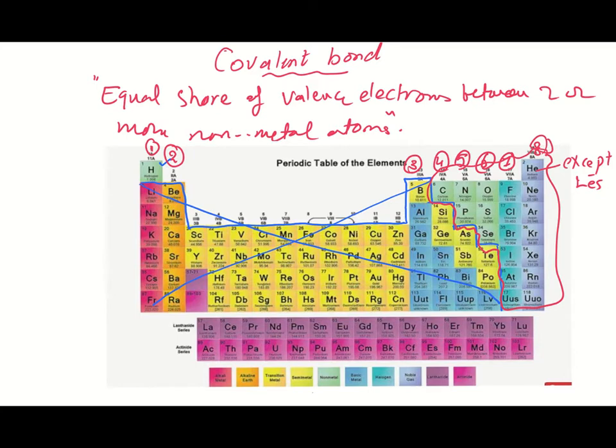So an element which lies in group 4, like carbon, has 4 electrons in the outer shell. In order to be stable, it should share 4 more electrons to reach the structure of the next noble gas. Because C has 4 electrons, if it gains 1, 2, 3, 4, it will reach the structure of the noble gas. So we say that the valency of carbon is 4.